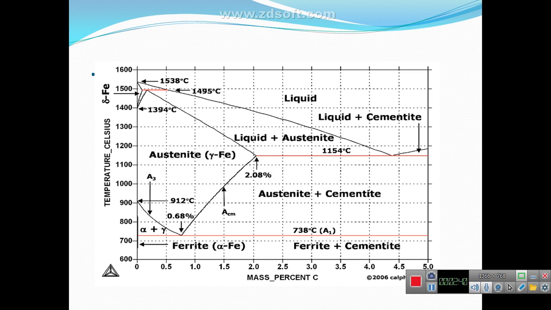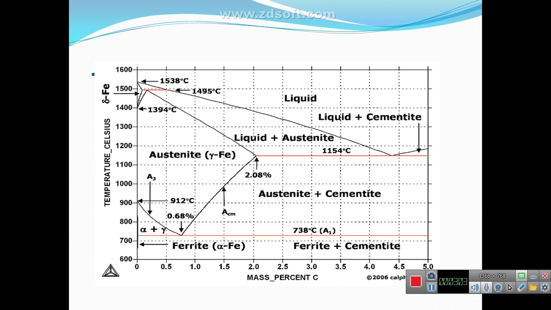From 1395 degrees Celsius to 1539 degrees Celsius, the structure transformed to a body centered cubic and a new phase called delta ferrite. 1539 degrees Celsius is the melting point of iron. After this temperature, the iron transformed to a liquid phase.